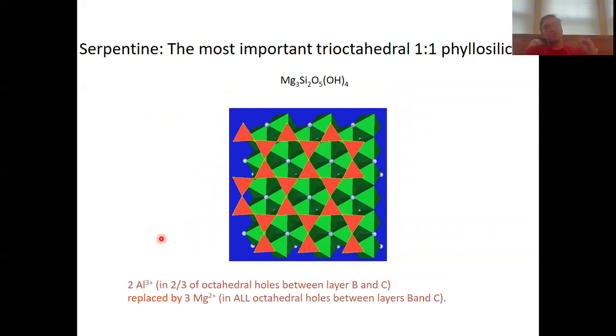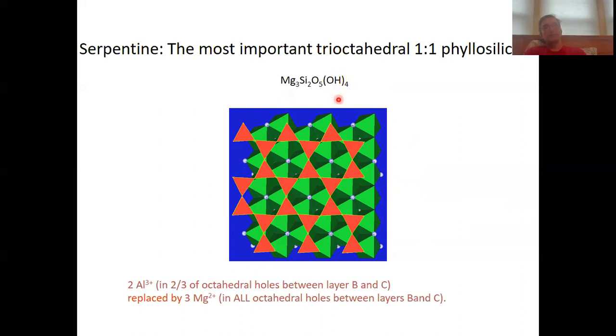You can do all of the same with magnesium. When you use magnesium, you fuse the tetrahedral layer with a trioctahedral layer, as shown here. Again, such a layer has a negative charge overall, and you actually need 4 protons to counterbalance the negative charge.